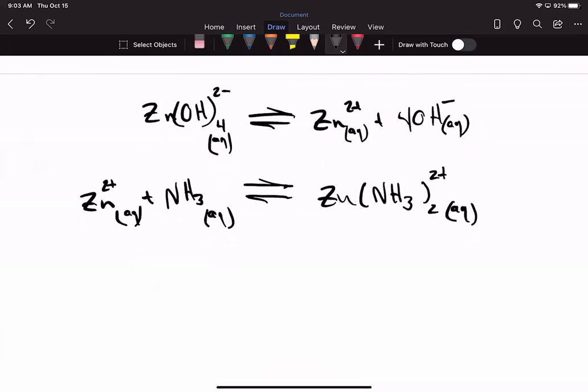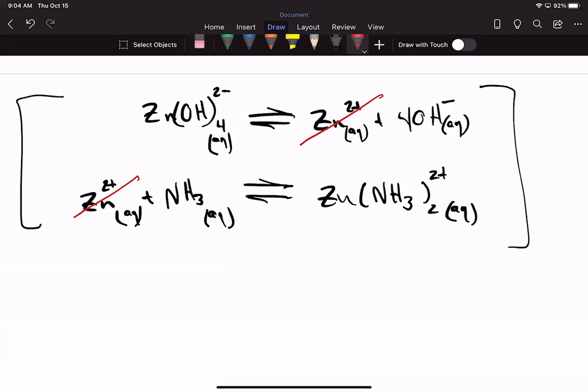So when mixing these solutions together, by mixing a solution of zinc hydroxide and a solution of ammonia, looking at both of these reactions, I see this common ion here, and I'm going to write a third reaction.